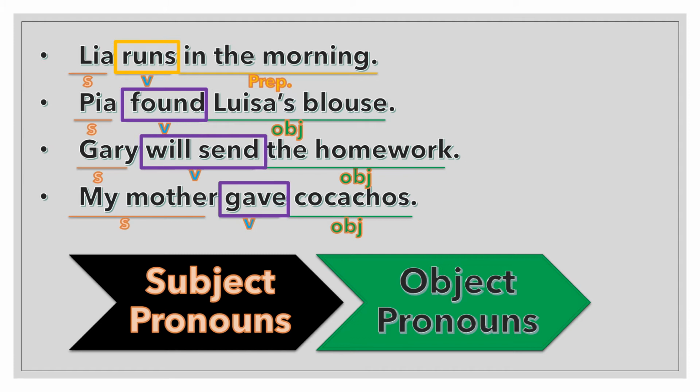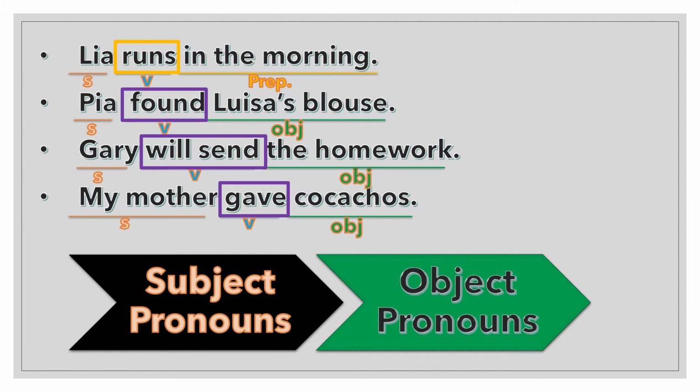Gary, he. My mother, she. In the morning is a prepositional phrase, so it doesn't fit with what we are talking about. But right here, if I say Luisa's blouse, Luisa's blouse can be replaced. In this case, the object is blouse. So you will need to use an object pronoun, which is it. The homework, it. Cocachos, them, right?